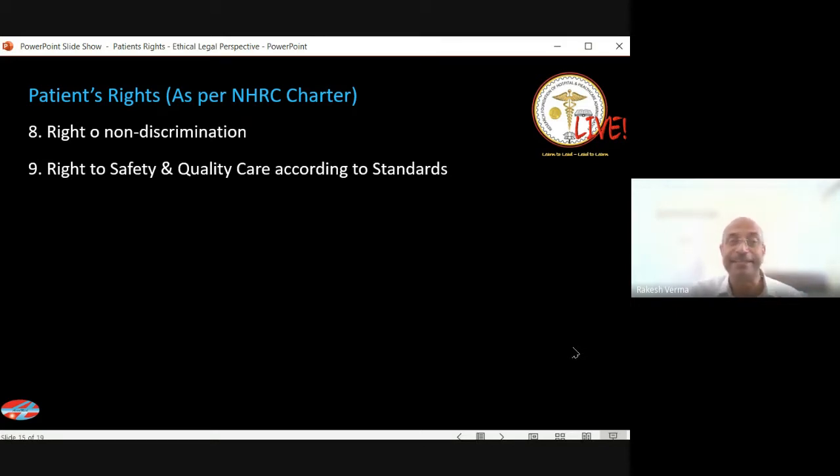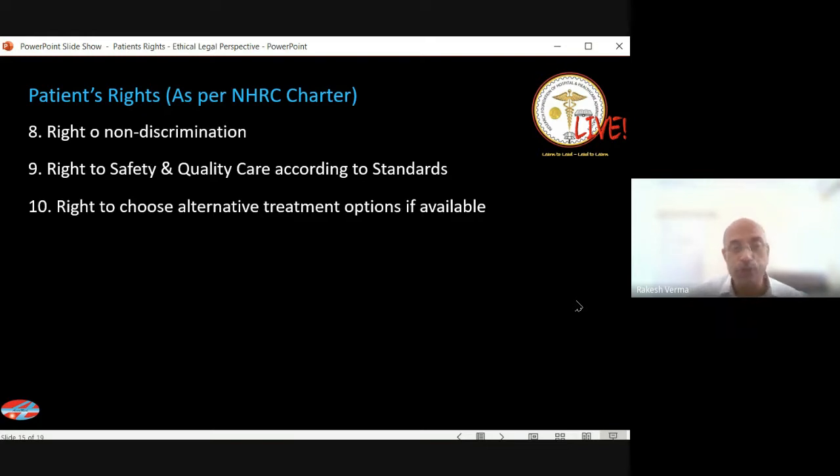Please remember that this is a right listed in the NHRC Charter, and therefore compliance to evidence-based treatment becomes important. Right to choose alternative treatment options if available.